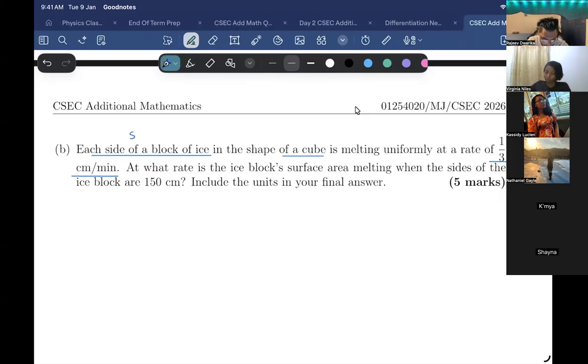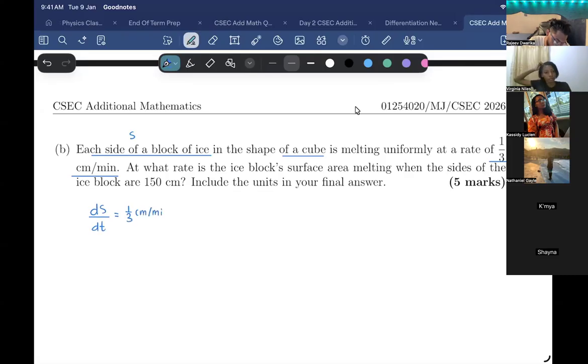So the side of the block is melting at a rate of a third. That's side with respect to time, so ds over dt, and that will be equal to a third centimeters per minute.